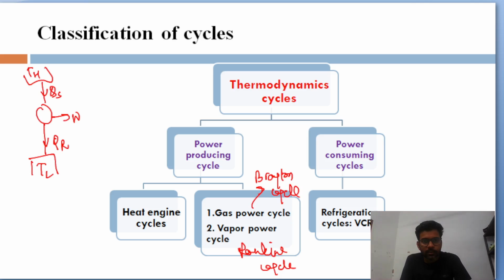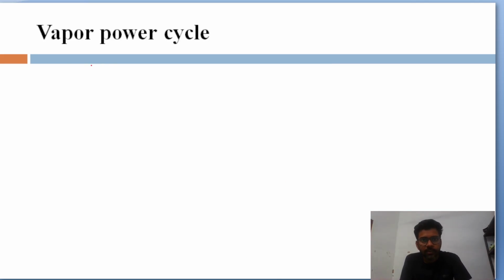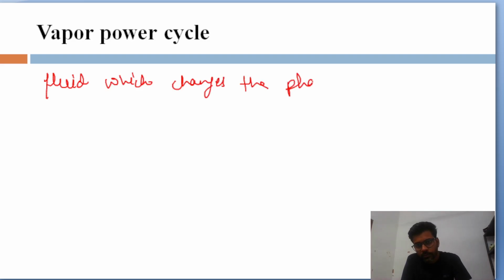Now in the vapor power cycle, the fluid used is generally a vapor, which changes phase.